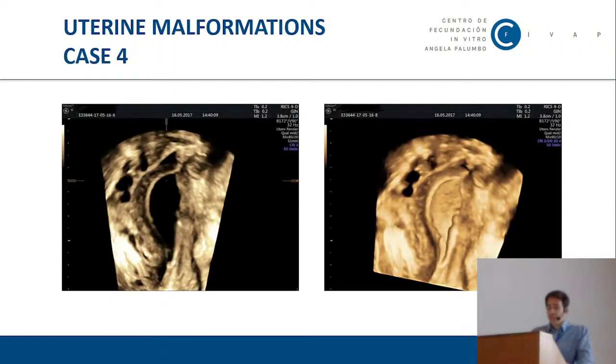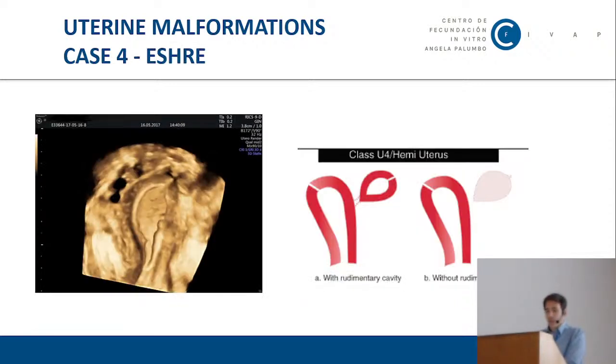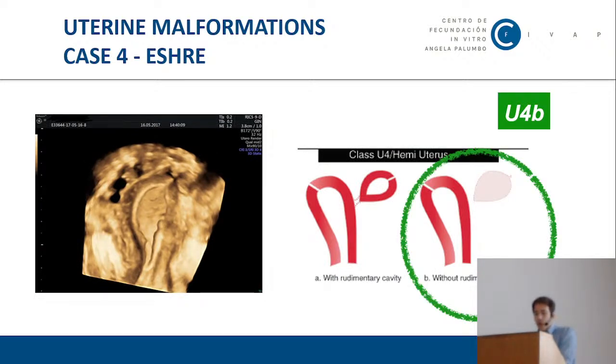In this other case, case 4, we can see only one left horn uterus here. So in the ESHRE classification, it will be a unicornuate uterus, the U4 class, and it doesn't have a rudimentary cavity, so it will be a U4B.